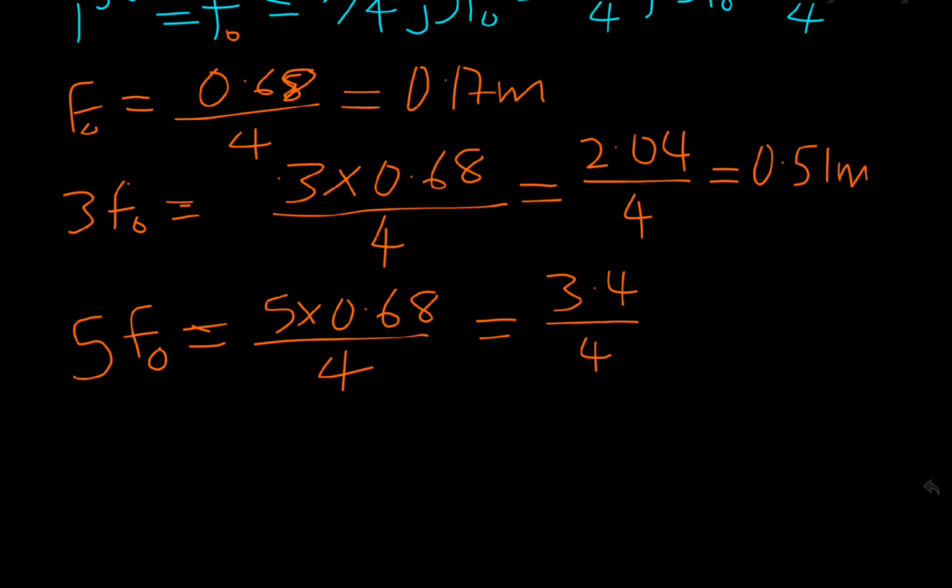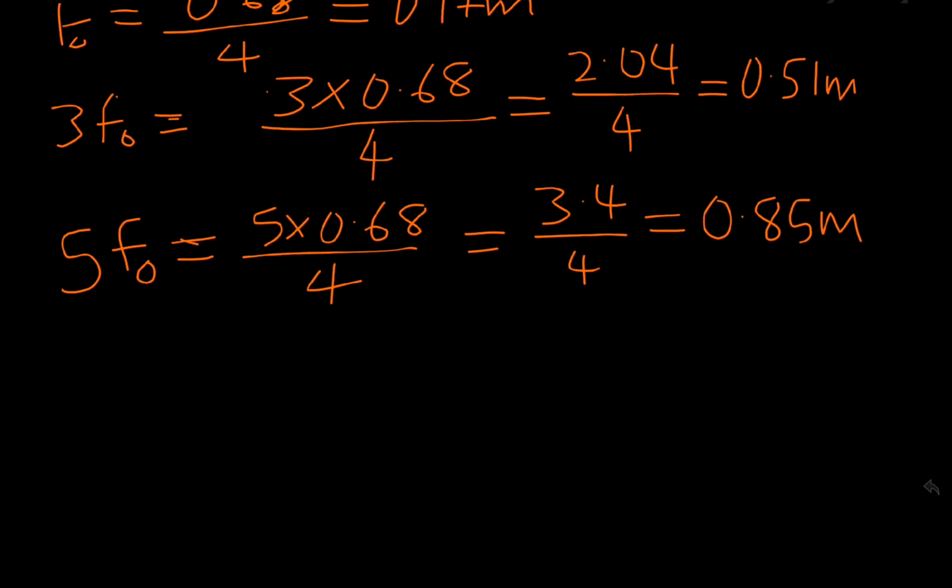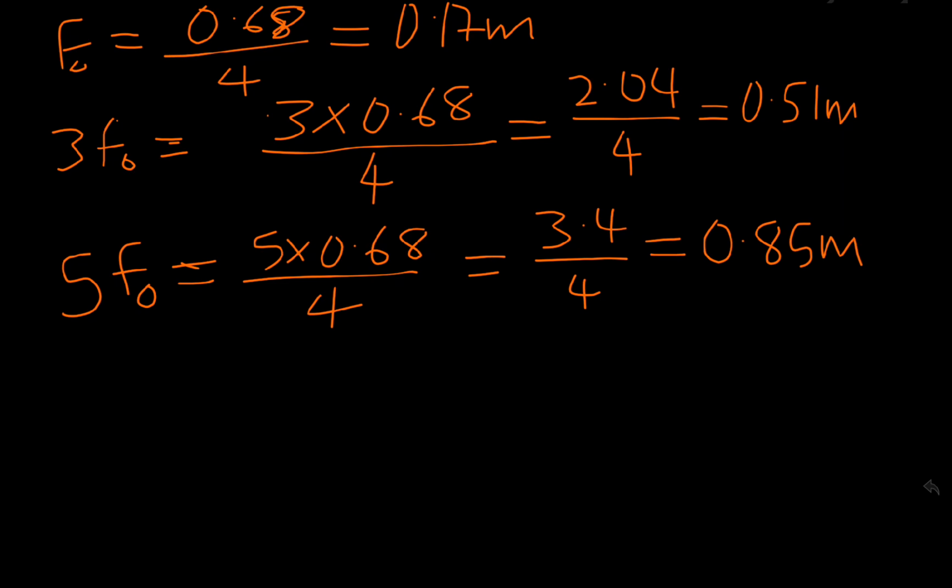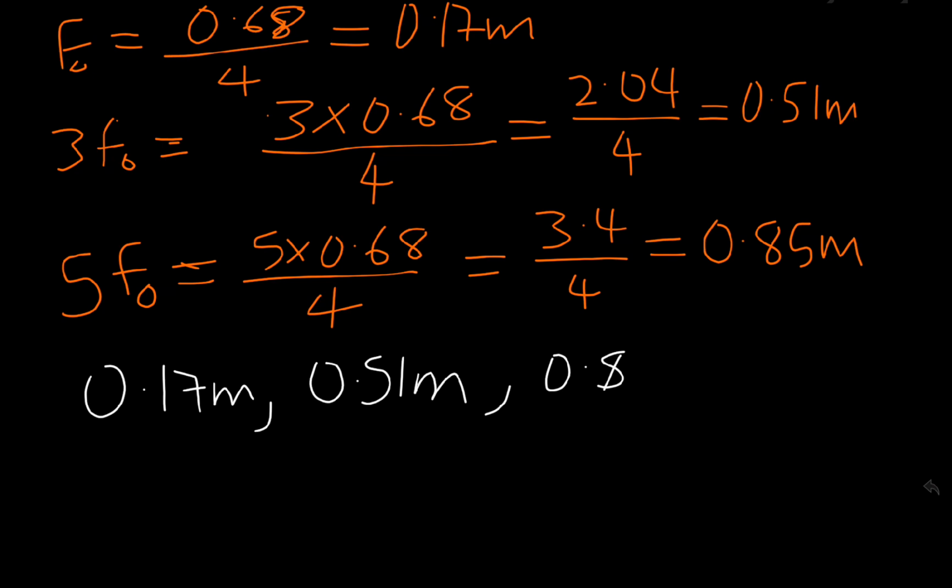So 3.4 divided by 4, you'll be getting 0.85 as our value. Next and lastly, I'm going to write out all values we've gotten. So we got 0.17 meters, we also got 0.51 meters, and 0.85 meters.